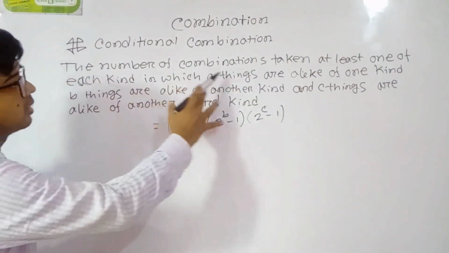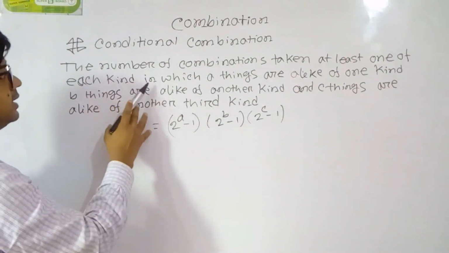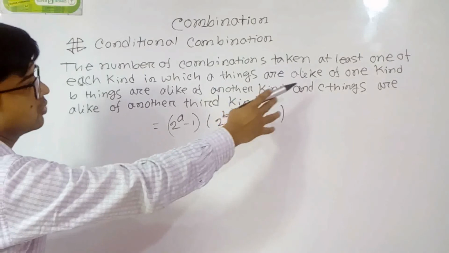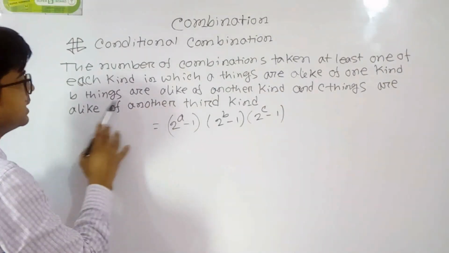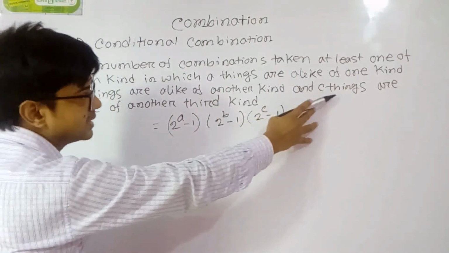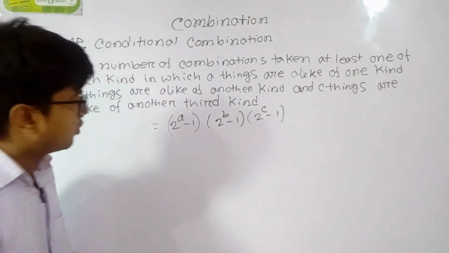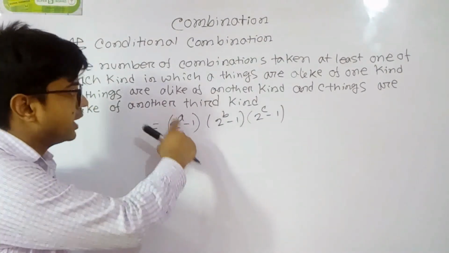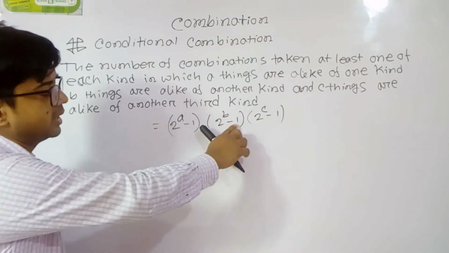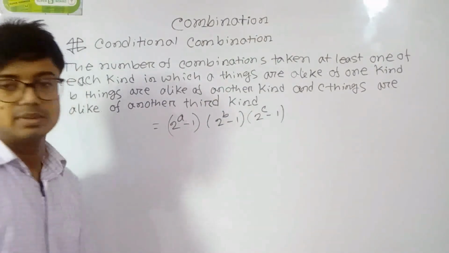The number of combinations taken at least one of each kind, in which a things are alike of one kind, b things are alike of another kind, and c things are alike of a third kind. Our formula will be (2 to the power a minus 1) into (2 to the power b minus 1) into (2 to the power c minus 1).